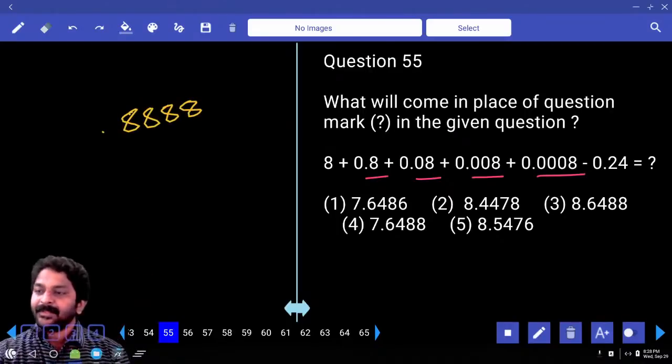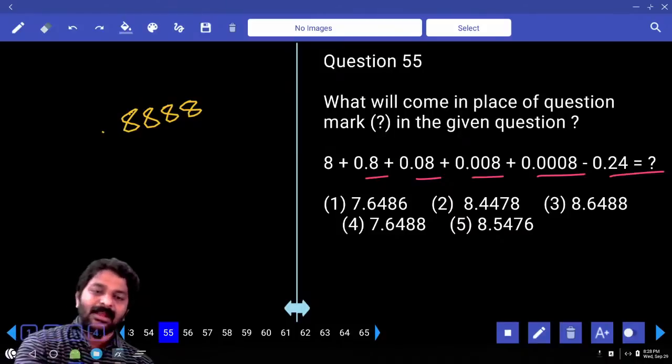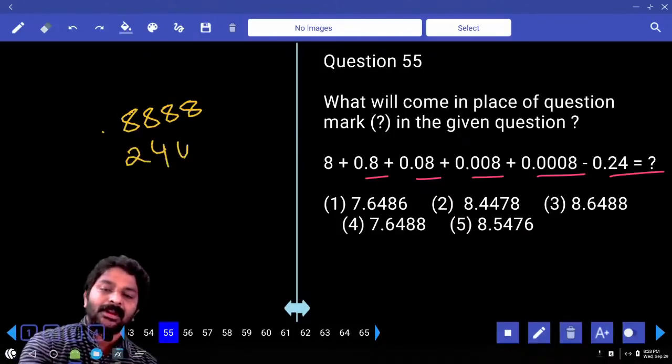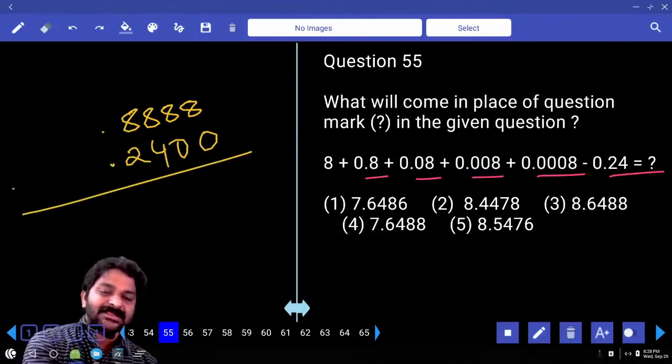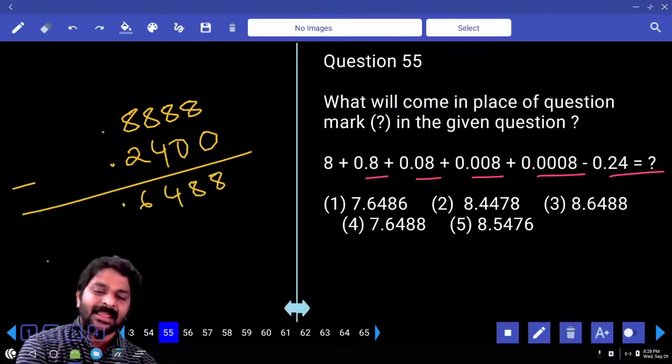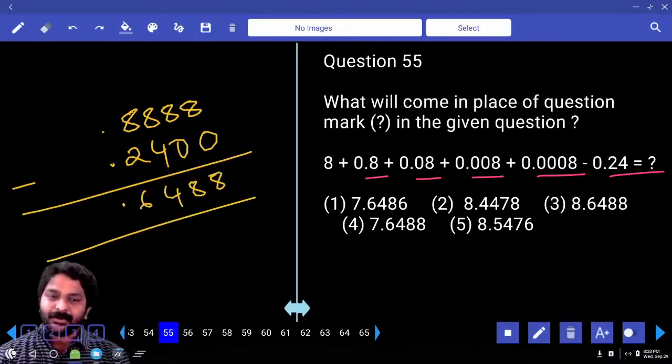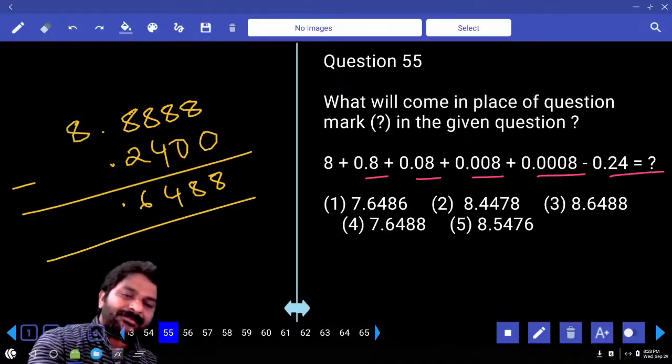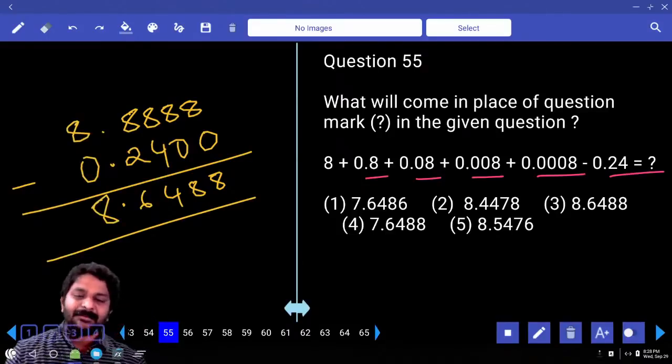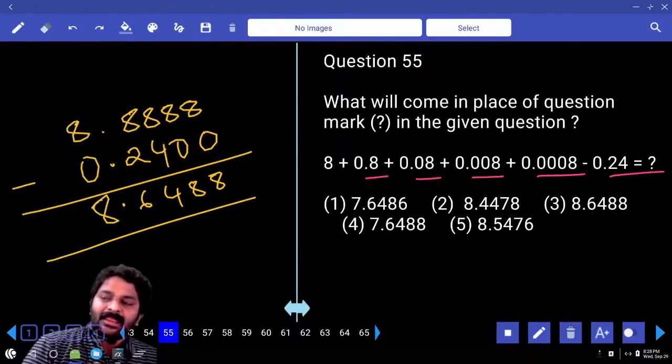Agreed or not? And the negative number there is only one. That ends with 2400. That means if you subtract it, your answer must end with 6488. How many options are ending with 6488? 2 options are there. So you have to calculate. From 8 if you subtract something, the answer is 8.6488 only. 8.6488, third option final.